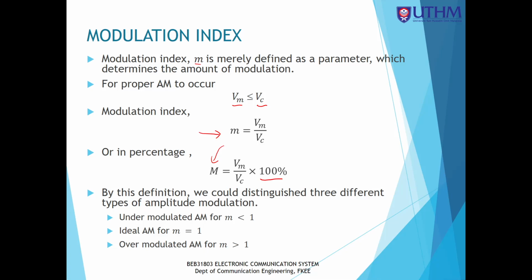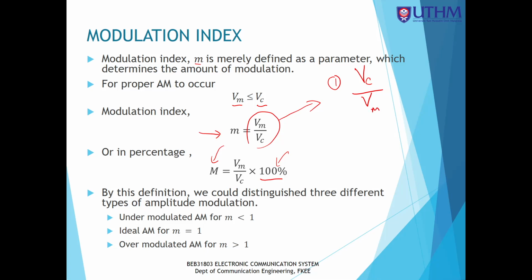Be careful that this is a unitless parameter and the other one is a percentage parameter. And there are a few careless mistakes, based on the previous experience, that students made. The first one is, for example, Vc over Vm.